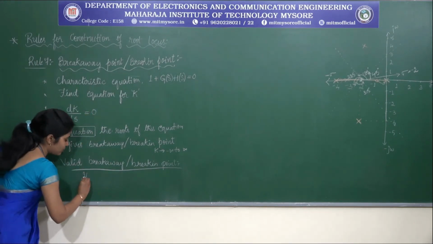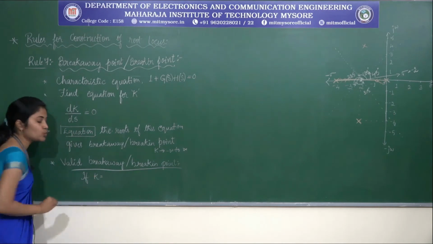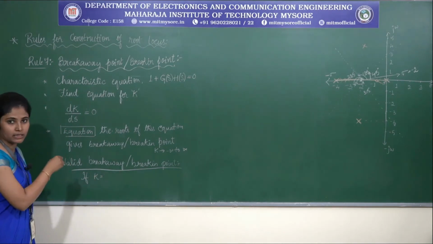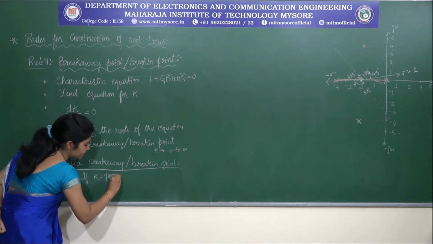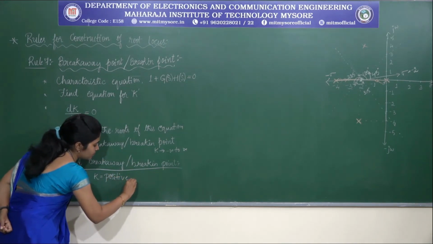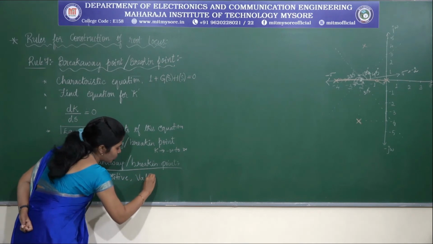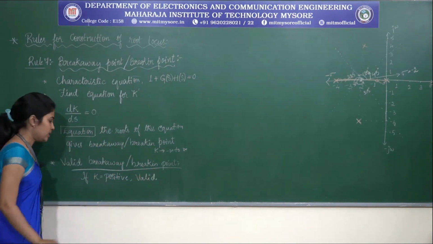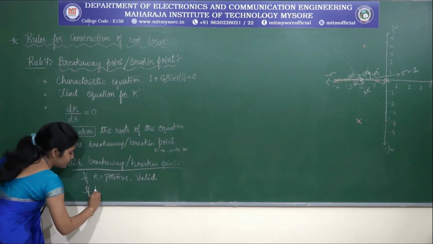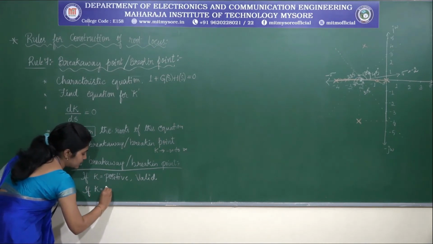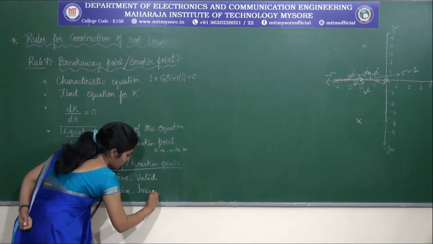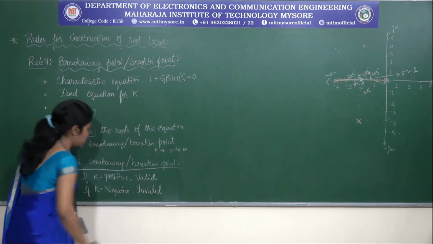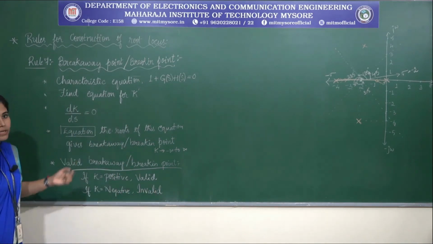If the value of k, after substituting the value of s in the equation of k, is positive, then it is a valid breakaway or break-in point. Or if the value of k is negative, then it is an invalid breakaway or break-in point. So like this we can find the breakaway points.